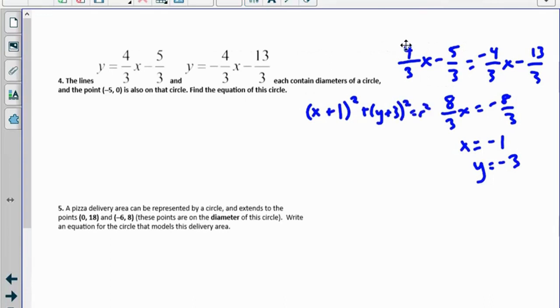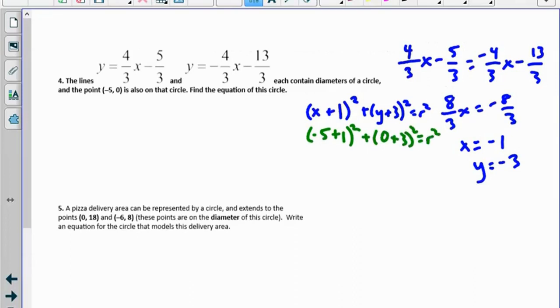And our job is now to find r. Since the point negative 5, 0 is on the circle, negative 5 plus 1 squared plus 0 plus 3 squared equals r squared.